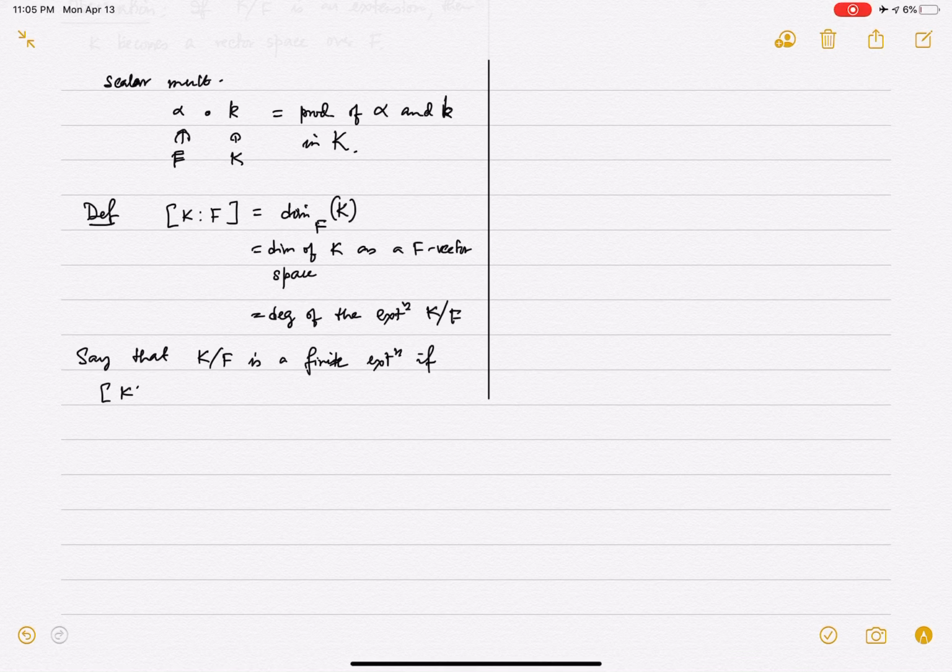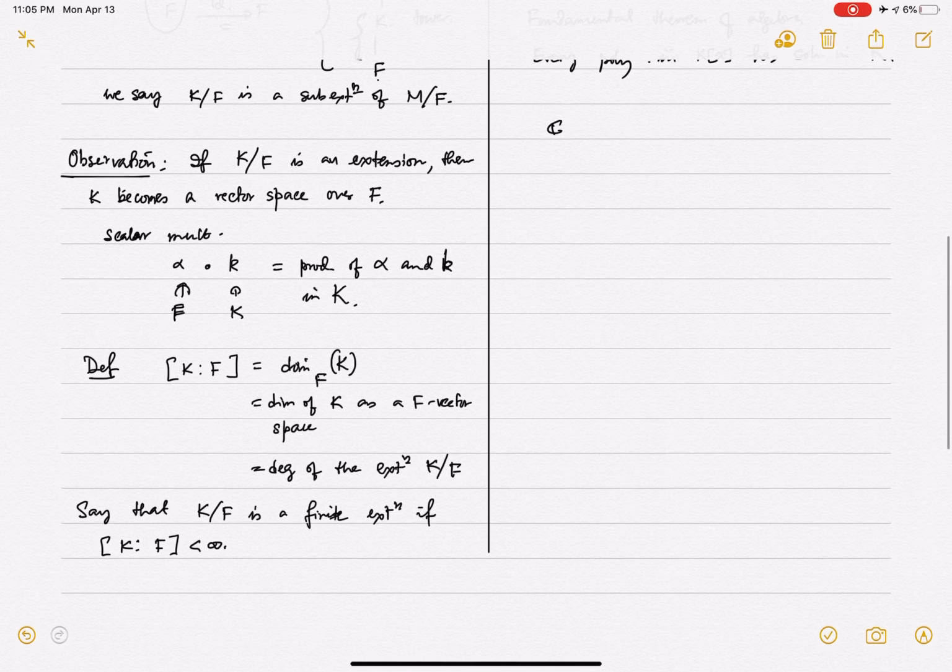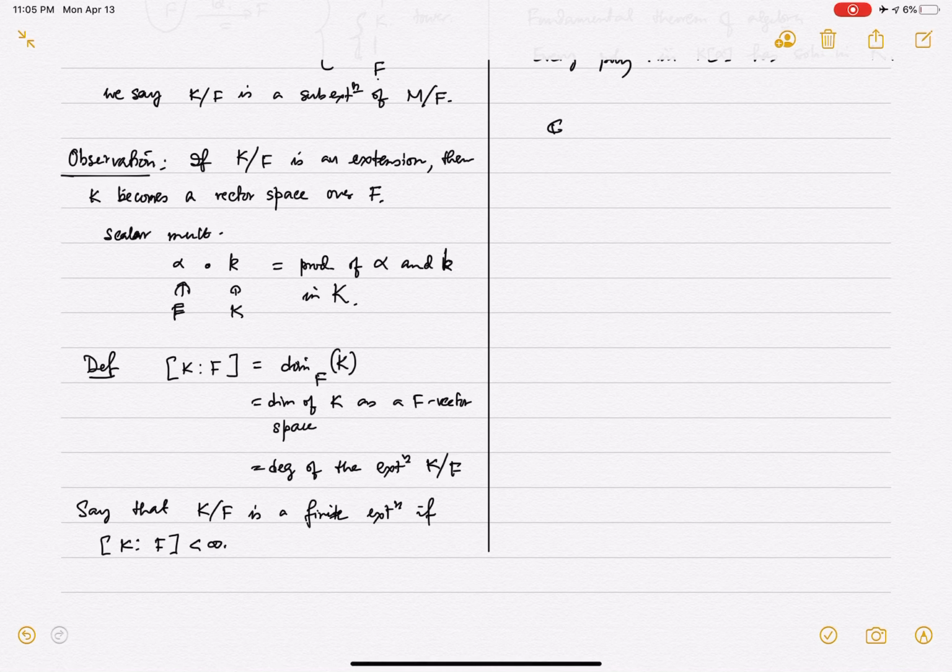This degree is finite. So you don't have to go too high to solve, so that the extension is not too big. That's sort of the meaning.